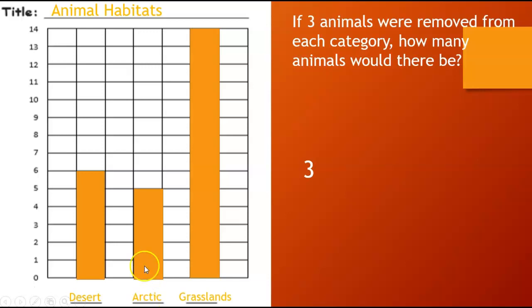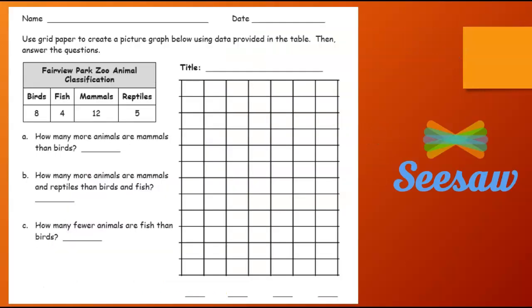Plus, let's see, there's Arctic, there are how many in the Arctic? 5, and if we take 3 away from there, there's 2 left, so we're going to add the 2 to the 3. And if we take 3 away from the grasslands, 2, 3, how many do we have? 11. Okay, what is 3 plus 2 plus 11? Go ahead and solve that on your own. Did you come up with 16? If you did, good job.